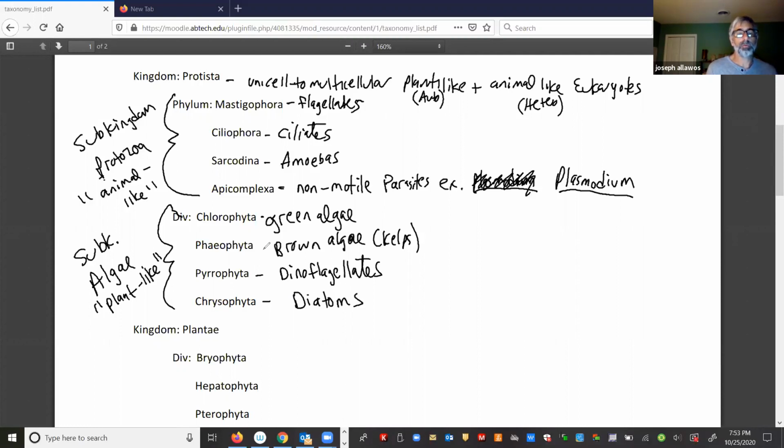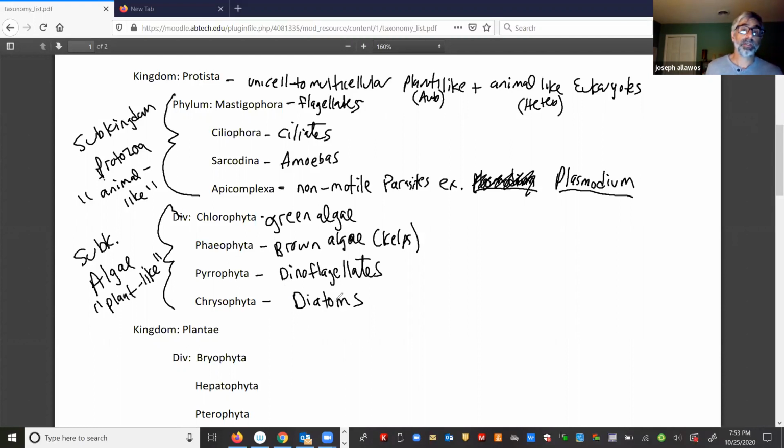These are all going to be matching. So on the test, you need to know, oh, pyrophyta are the dinoflagellates and chrysophyta are the diatoms. It seems a little more difficult now because we haven't talked about these organisms in any detail. Once we've done that, it's not going to be a big deal. Okay. It's going to be an easy test.